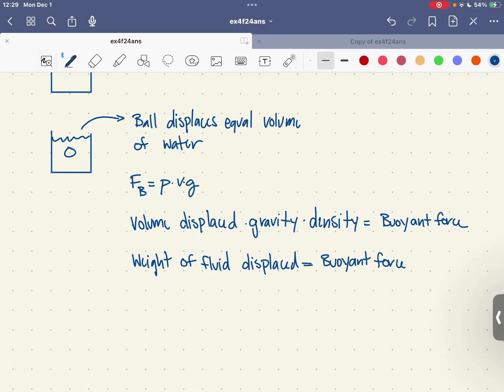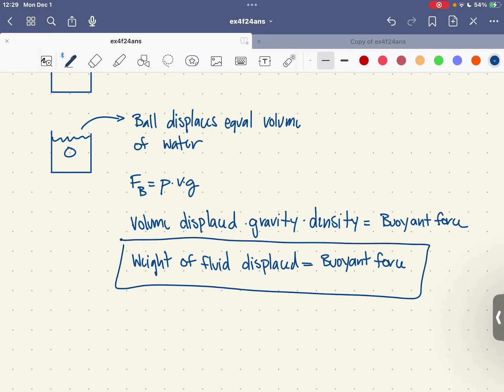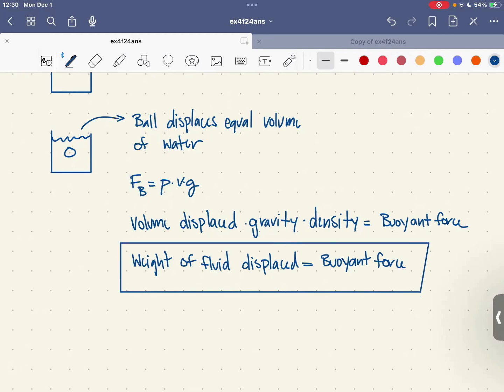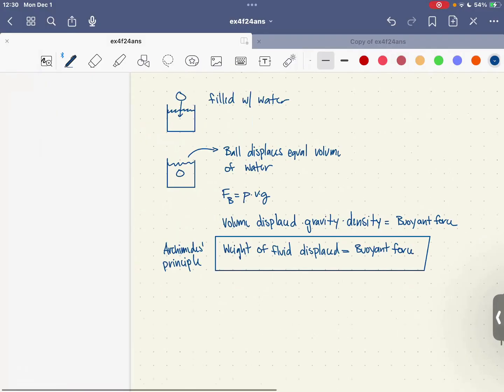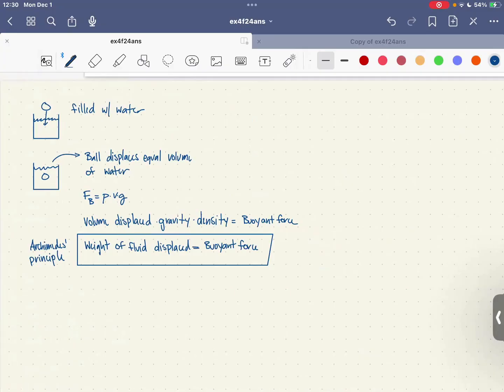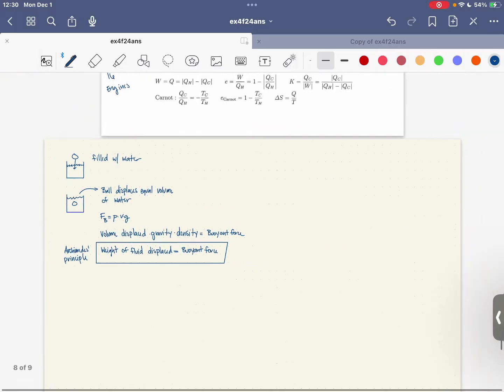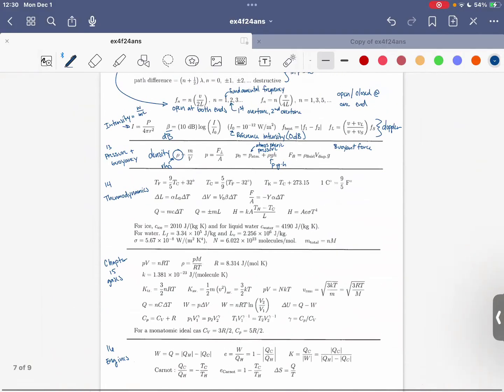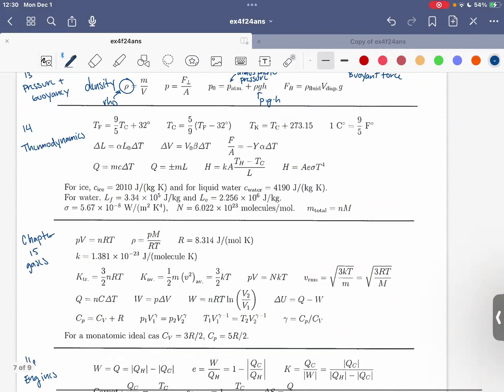This is the essence of the equation, and this is called Archimedes' principle. Okay. Hopefully that makes a little bit of sense. I found these really confusing when I took the class. But yeah, okay. So that's chapter 13.